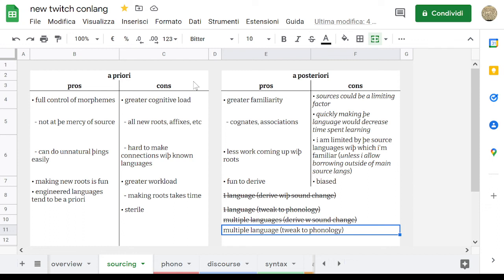So I think the way to go is to do multiple languages and borrow the words from the multiple languages so that I don't have to think of sound changes to derive them from.